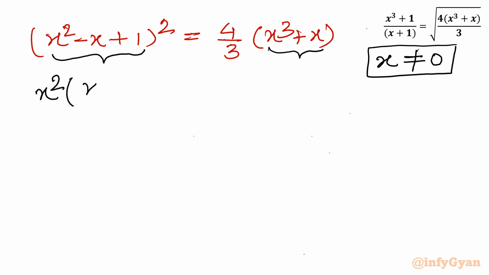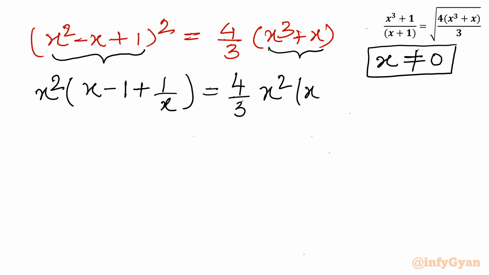In bracket I will write x minus 1 plus 1 by x after taking x common from the bracket. Now turn to RHS. I can take x square common from the bracket. So it will give us x plus 1 over x. Now you can see x is non-zero. So we can cancel x square both sides.